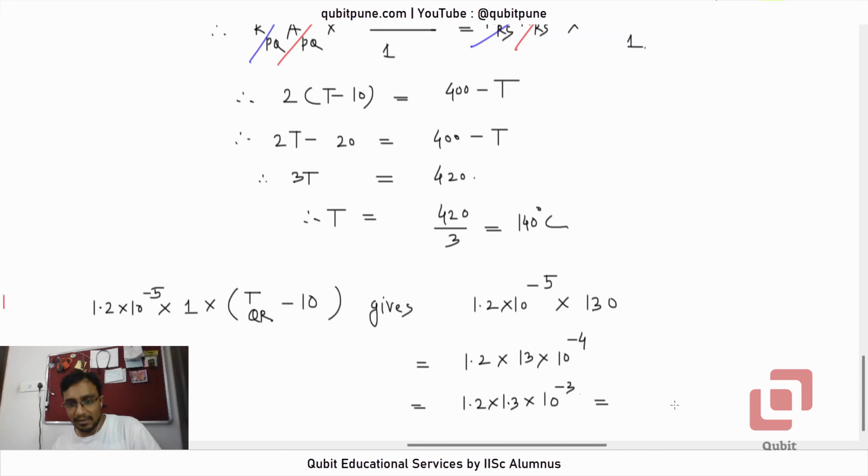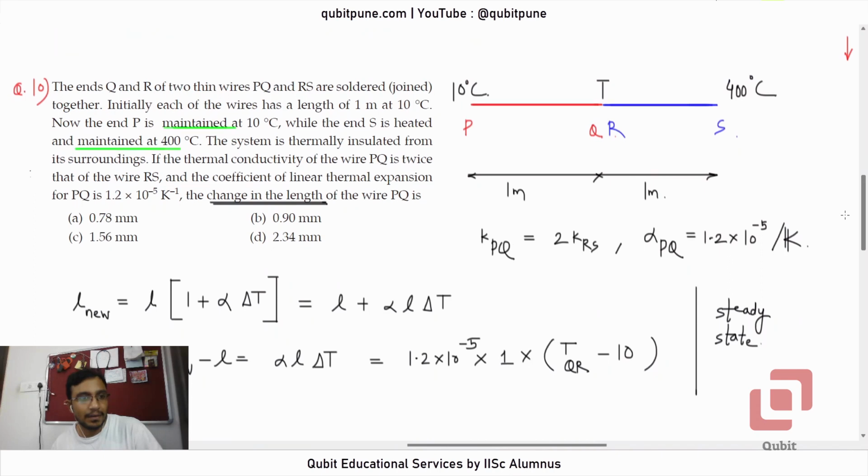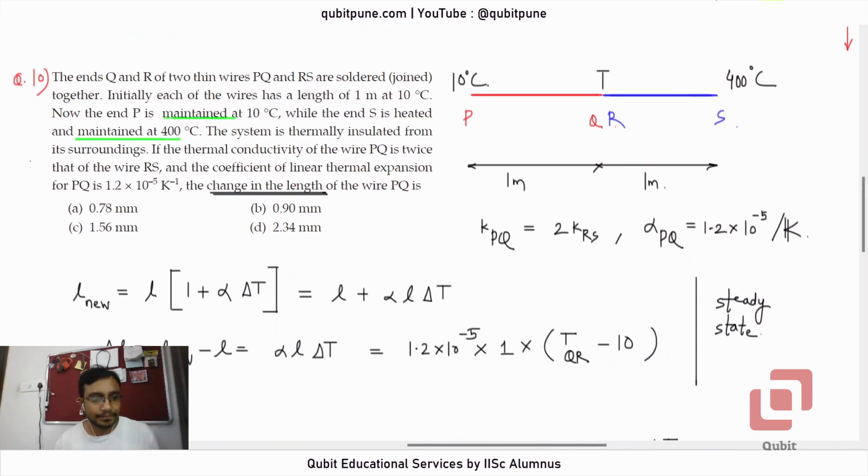Okay, so how much is this? 1.56 into 10 raised to negative 3. Option C. Got the problem?